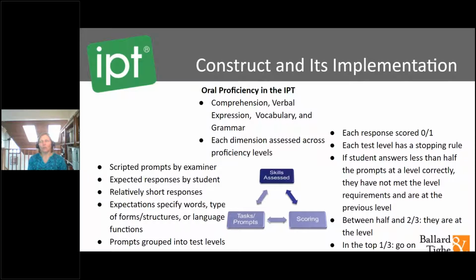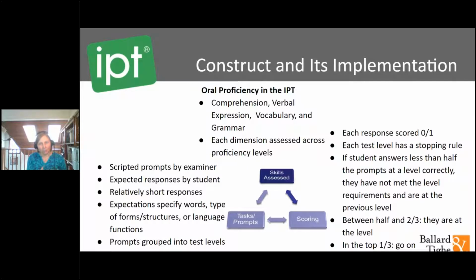Each test level has a stopping rule for the group of questions that comprises the level. If a student answers less than half of the prompts at a particular test level correctly, then they have not met the level requirements and their proficiency is actually at the previous level. If they answer between half and 2/3 of the questions correctly, they are at that particular level.